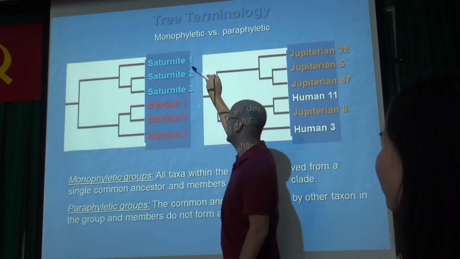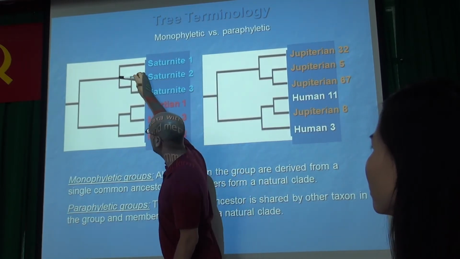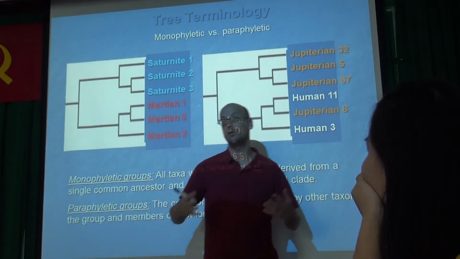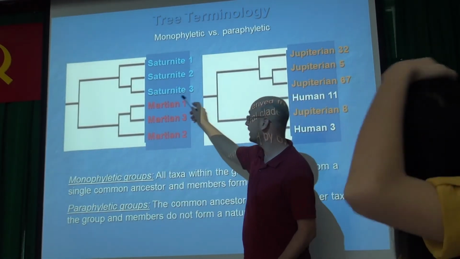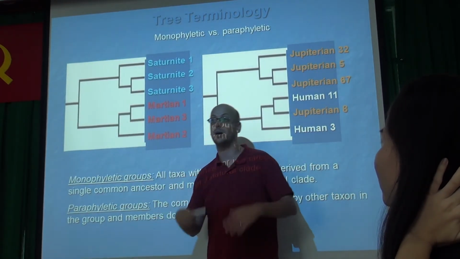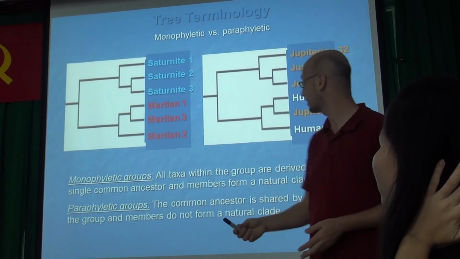So, for example, you can see that the blue group all have the same ancestor, so they are monophyletic. The red ones all came from the same place, they have one ancestor, so they are monophyletic.